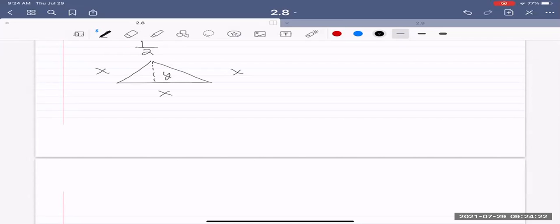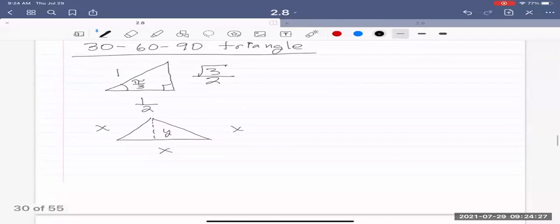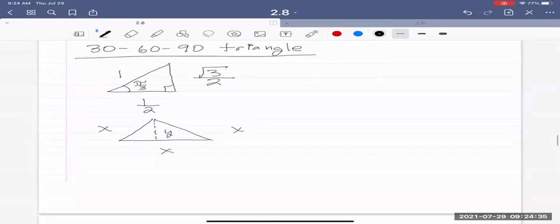It really didn't matter that I put a 1 there, by similarity we could have written it as follows: x, 1/2 x, root 3 over 2 x.